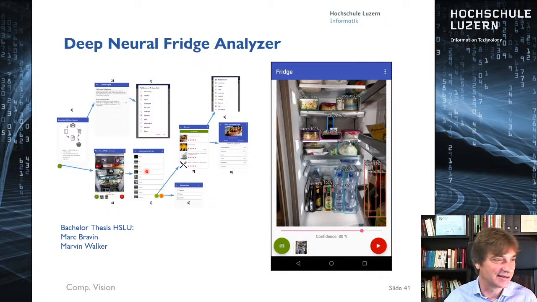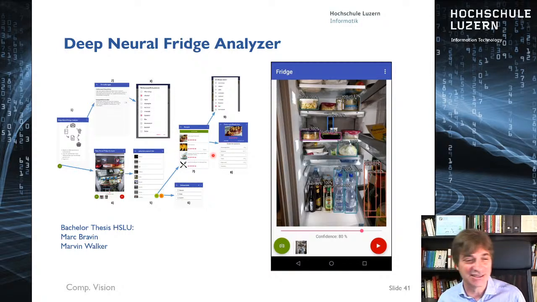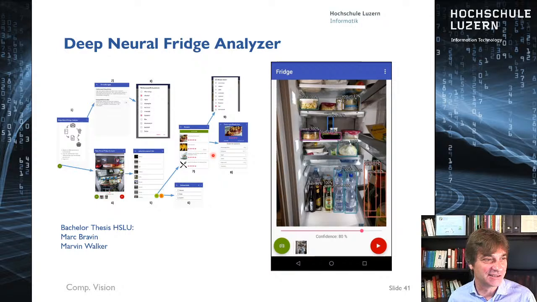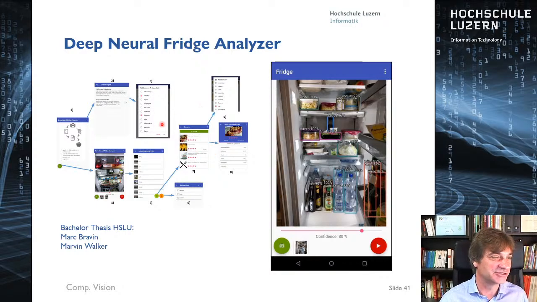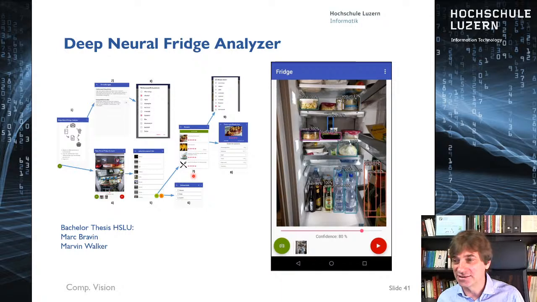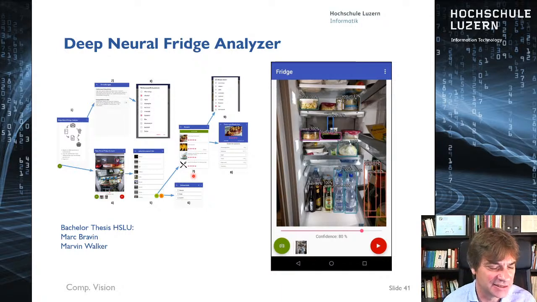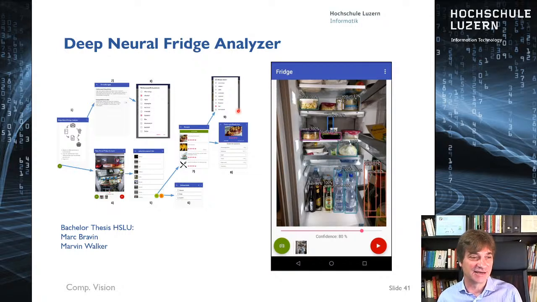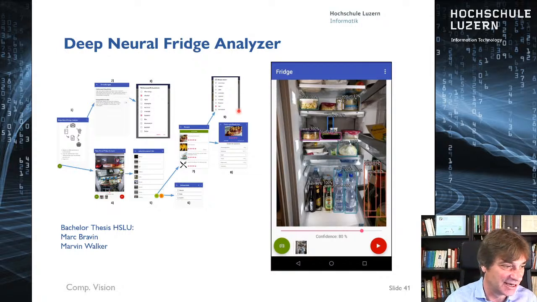Then again, afterwards, we made some changes of what additional things you could use if you know what is in your fridge. So for example, you could check what you do not have anymore and put it automatically in some shopping list, or you could connect it to some recipe database and then give you some ideas. So what can I cook with those things that I have currently in my fridge here.